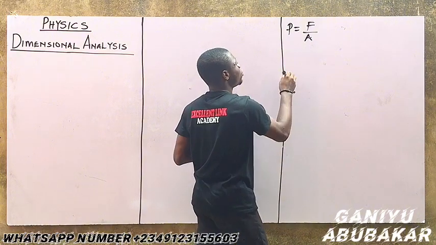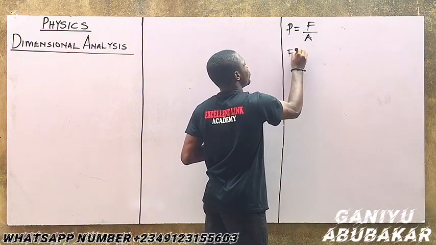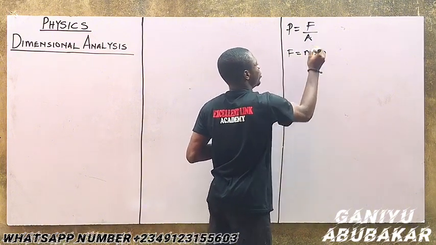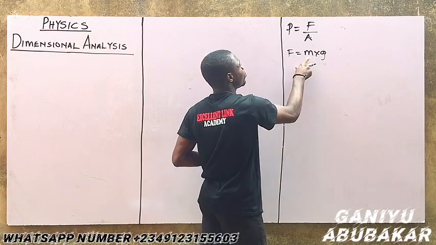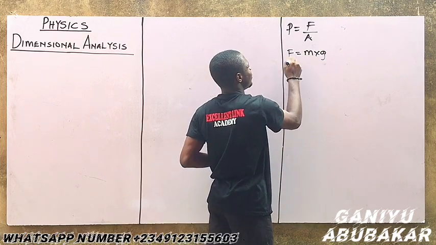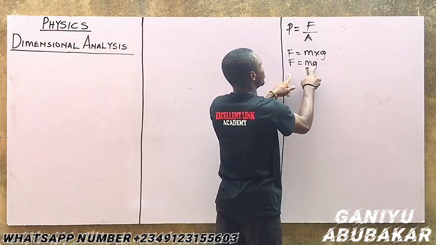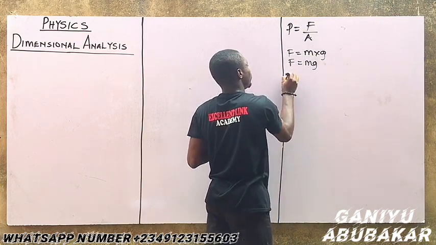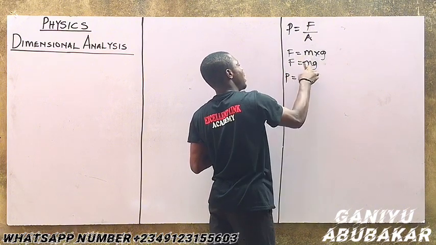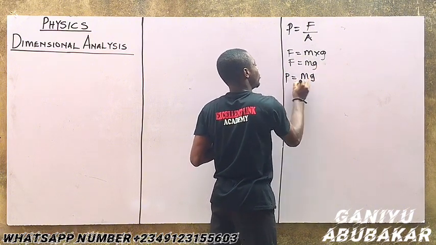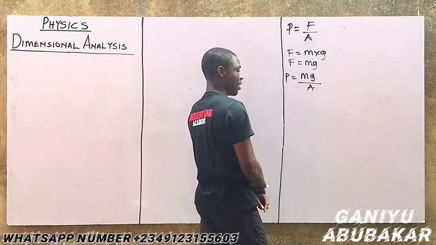From Newton's second law of motion, force is equal to what? Mass times gravity. True or false? True. So force is mg. Put mg into this. So I have that pressure is equal to force, which is mg, all over area.